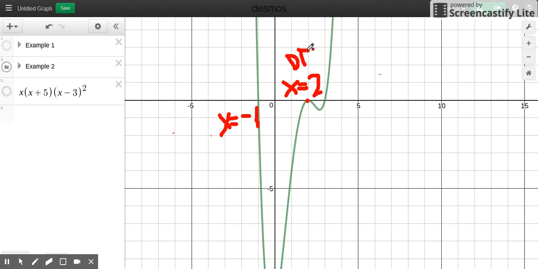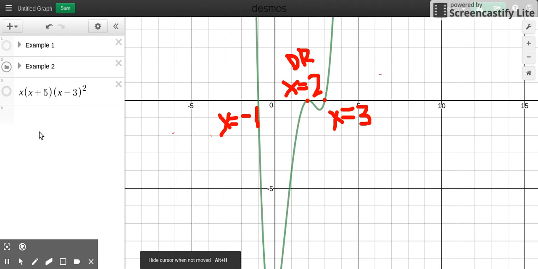And then finally, we've got a 0 right here, and that's at x equals 3. And again, we're just going to write these as factors. Then we're going to look which one has the correct factors. Remember, we don't care about if there's a number out front, only if that number would change the end behavior.